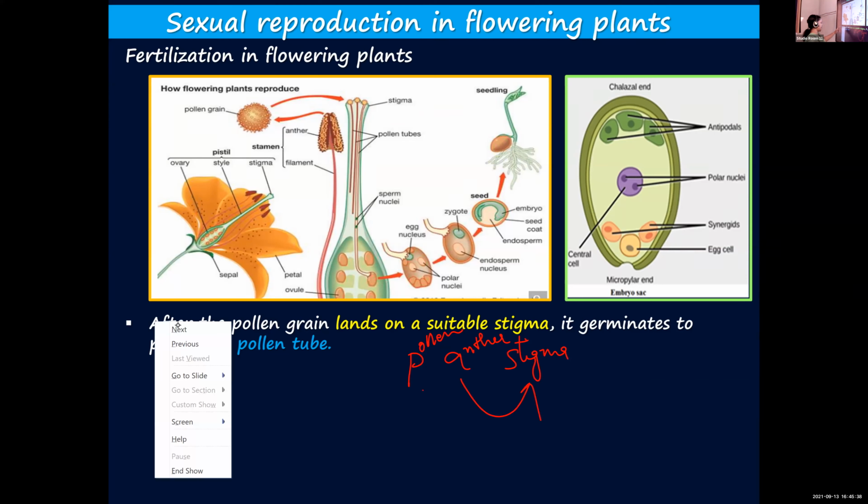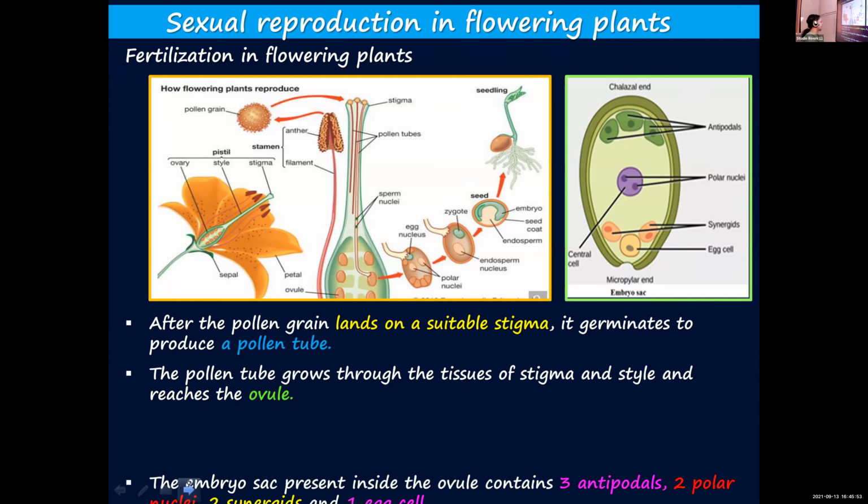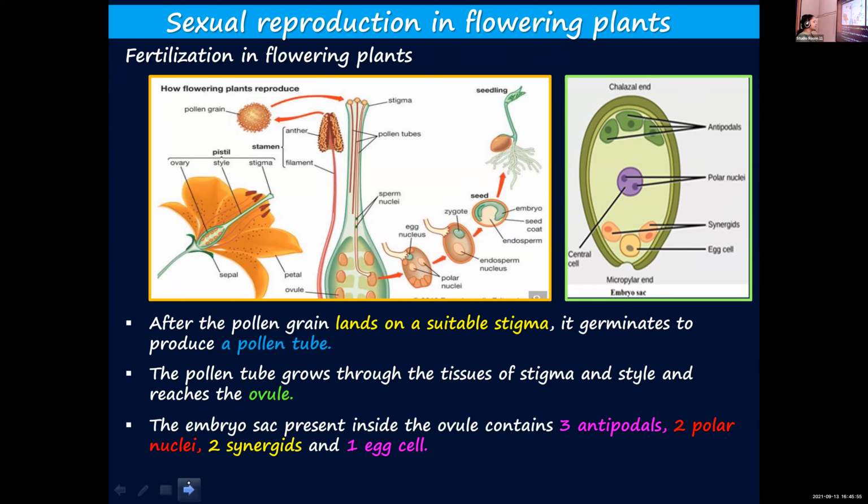And once the pollen grains land on the stigma, it will germinate and form a pollen tube. The pollen tube will grow through the tissues of stigma and style and finally reaches the ovule. And inside the ovule, what is present? Embryo sac.